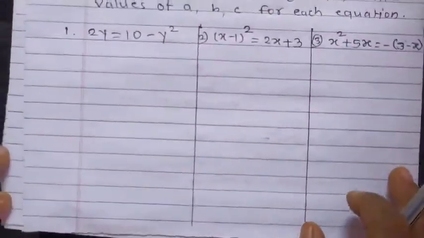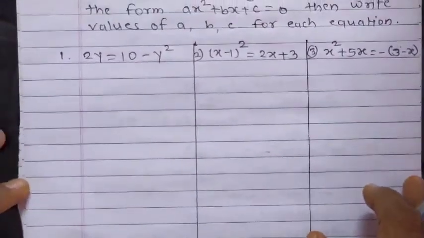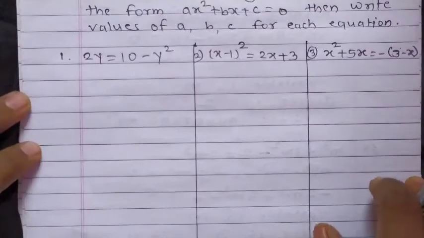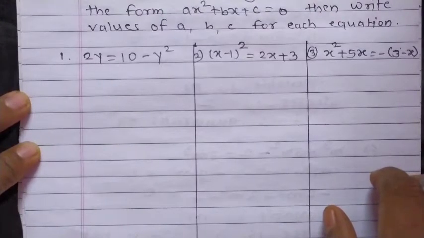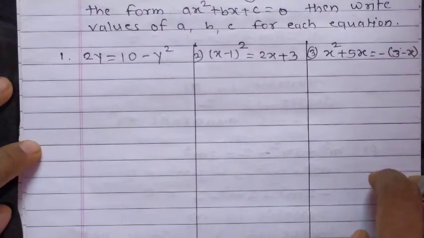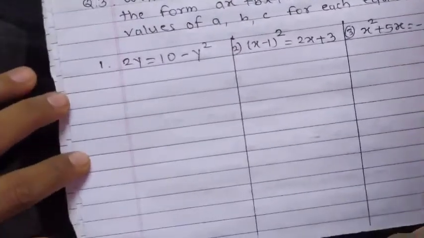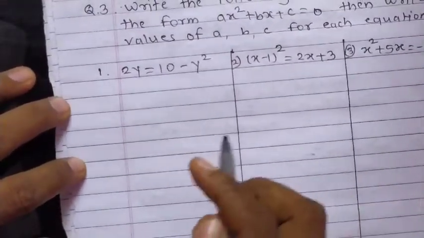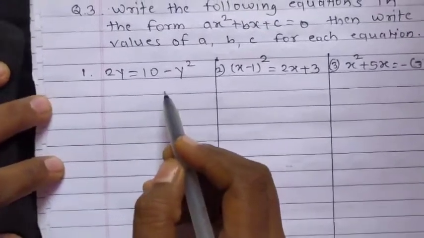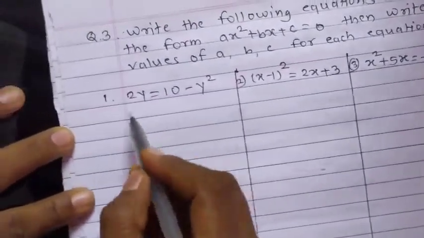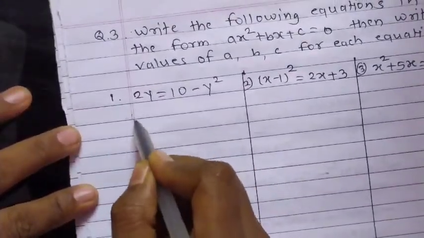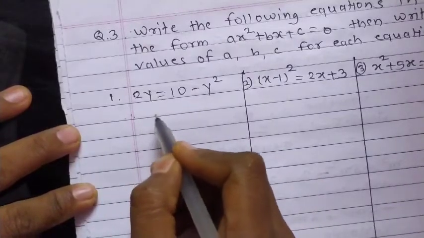Then question number 3. Write the following equations in the form ax square plus bx plus c equal to 0. Then write values of a, b, c for each equation. First equation is 2y equal to 10 minus y square. Therefore we write in general form.